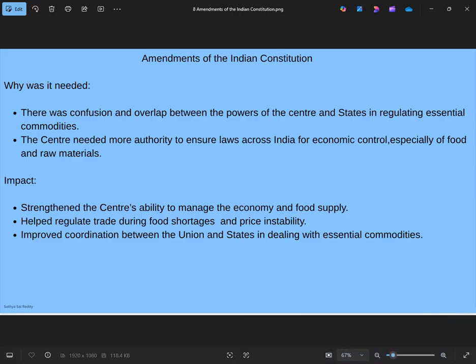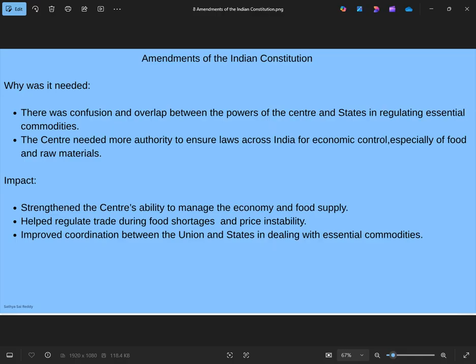Why was it needed? There was confusion and overlap between the powers of the center and states in regulating essential commodities. The center needed more authority to ensure laws across India for economic control, especially of food and raw materials.